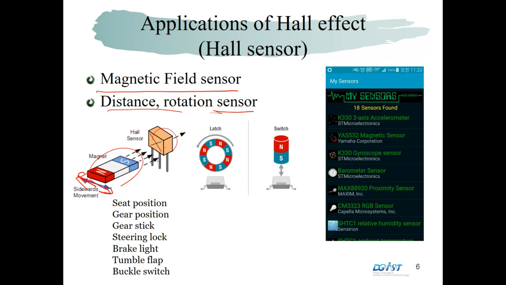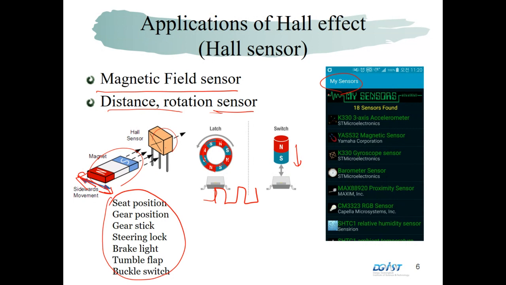So you can use it as a position sensor. Or if we have a rotation with some permanent magnet, the Hall signal changes, so you can count the rotation. And you can also measure the magnetic field and use it for switching. There are many applications of the Hall effect, especially in automobiles.